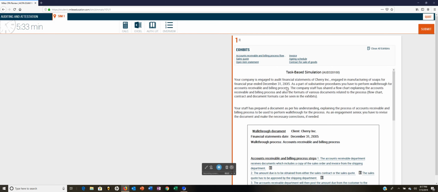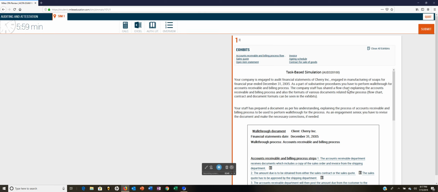Let's look up top and see what they want us to do. Your company is engaged to audit financial statements of Cherry Inc., engaged in manufacturing of soaps, for financial year ended 12/31/2005. As part of substantive procedures, you have to perform a walkthrough for accounts receivable and billing process.